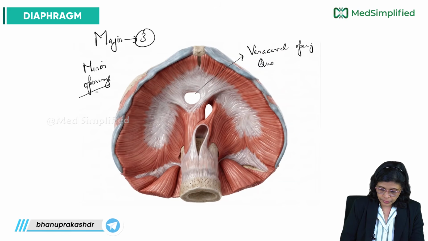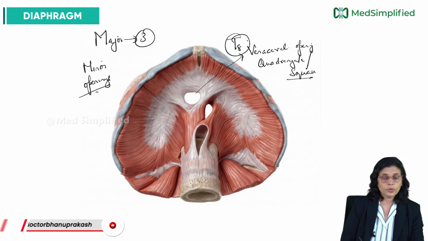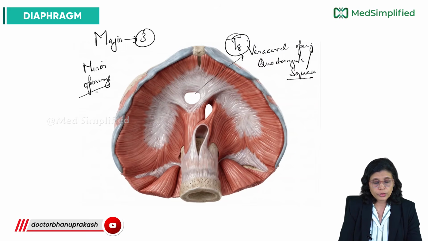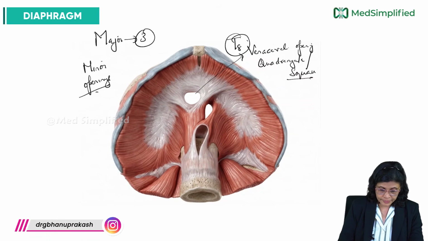It is very important that it is at the level of T8, for the inferior vena cava to enter and pass to the heart. From the liver, it goes to the right atrium of the heart. So inferior vena cava. Then we have the second opening, the esophageal opening.